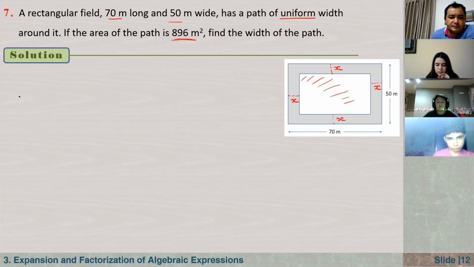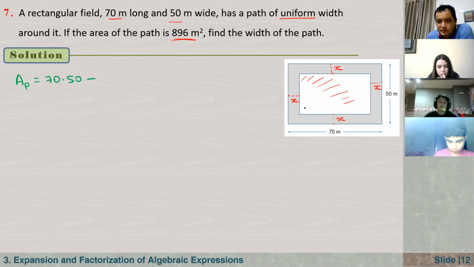How do you find the area of the path? Let me just write P for the area of the path. What is it? The whole area, the area of the rectangle, that is 70 times 50, minus the unshaded part that we have to remove. The unshaded part is also a rectangle.